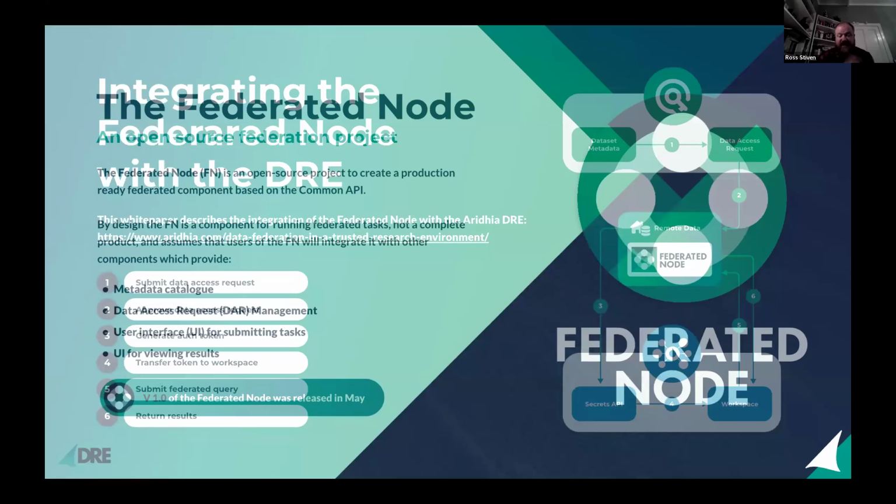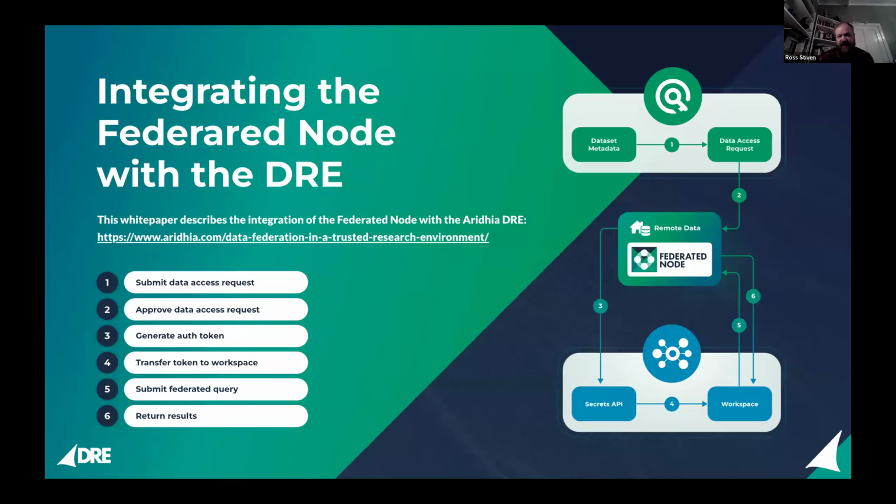So one of the first things that we did once we had a stable version of the federated node, and I think this really carries on from what Eoghan was talking about around the iCoda network, is what we would say is a production version of that iCoda prototype. What it's allowed us to do is deploy a federated node with some remote data.